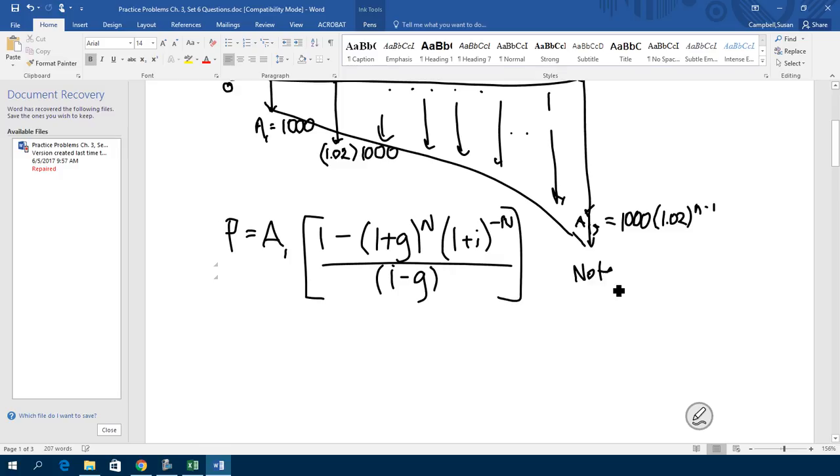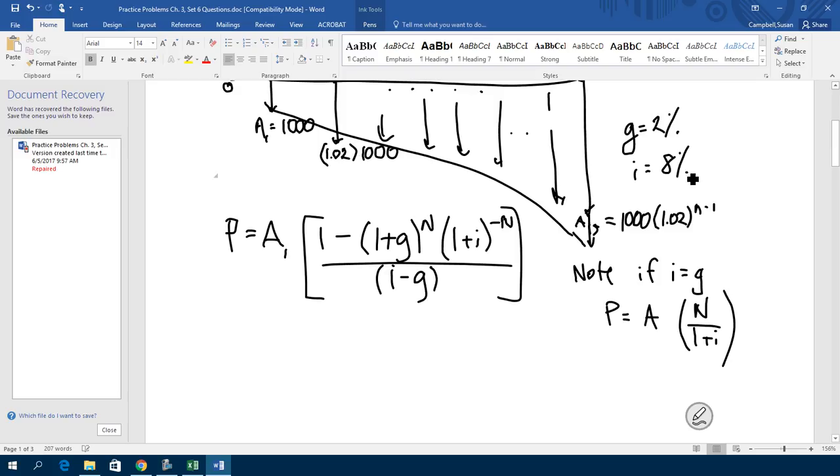Note, if i equals g, so if your interest rate is the same as your geometric increase, then P is going to equal A1 multiplied by n over 1 plus i. We don't have that in this case. So in this case, our g is 2%, our i is 8%. So we're going to fill this in.